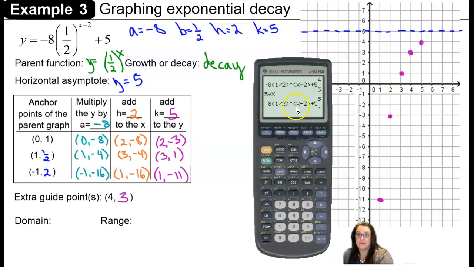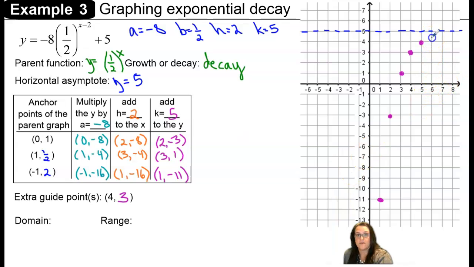You can repeat that as often as you like. If you wanted to find another guide point at 6, then second enter, and we get 4.5. So now we're making a real sharp turn here towards that horizontal asymptote.